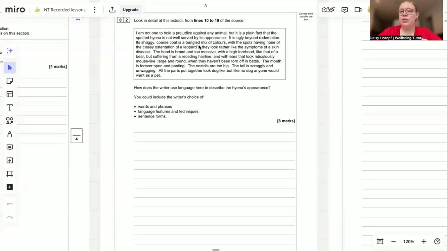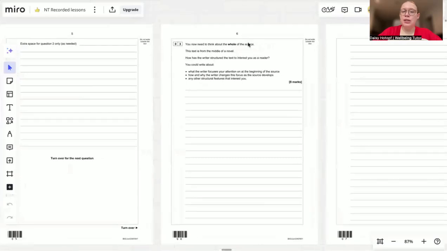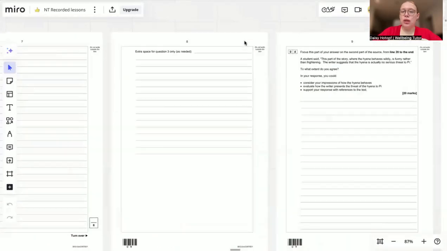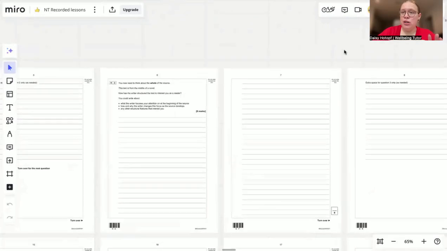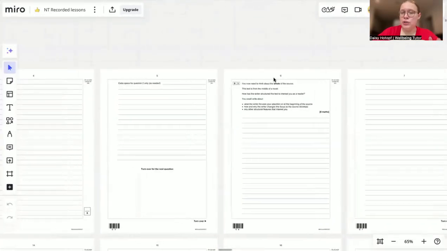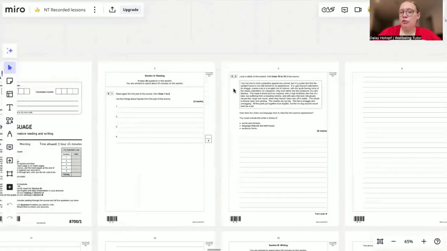I recommend that because then you go into the reading with question 3 in mind, and also question 4, which is specific: lines 20 to the end. But you want to have an overall understanding of the text. So again, I would recommend not reading the source until question 3. It just makes life a bit easier. You get through it faster. You get those questions out of the way, and then you read.